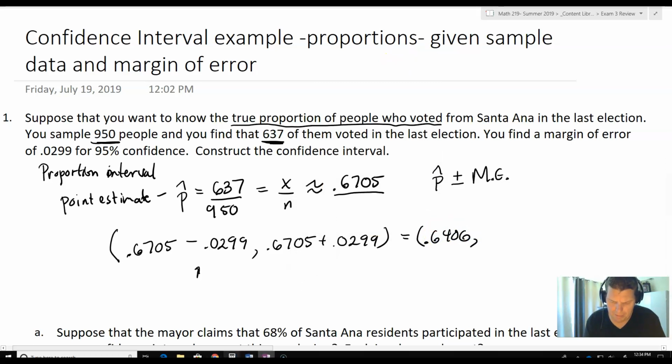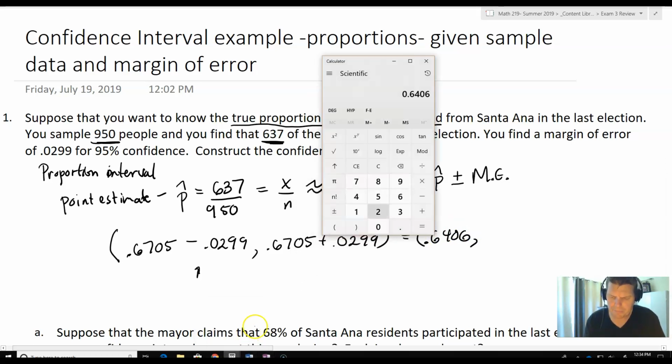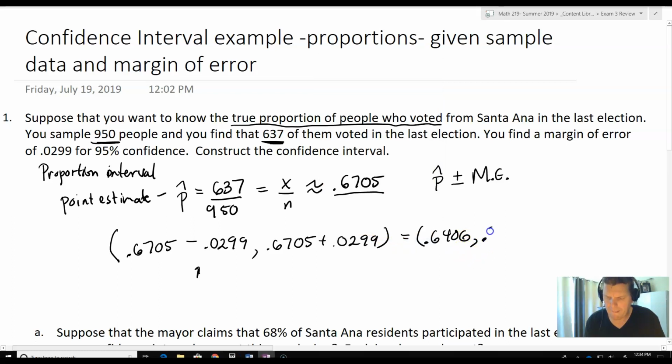And then my upper limit is going to be 0.6705 plus 0.0299, and that's 0.7004. So either my true proportion is going to be in there or it's not, but I can make a statement.